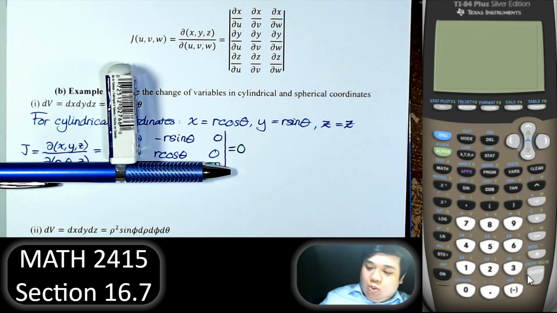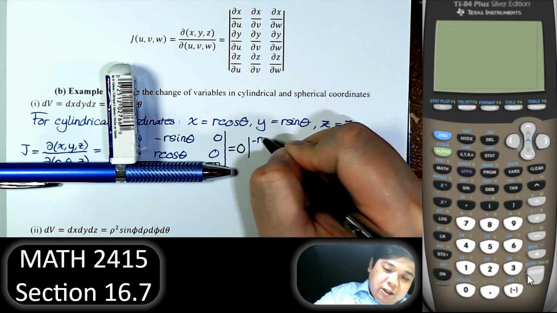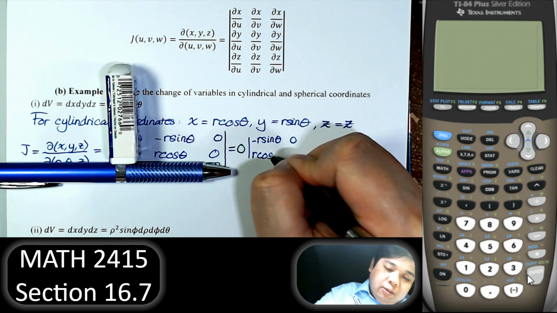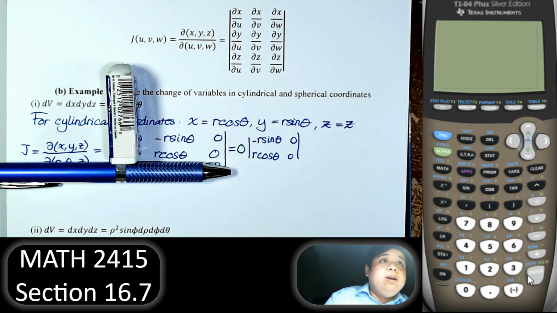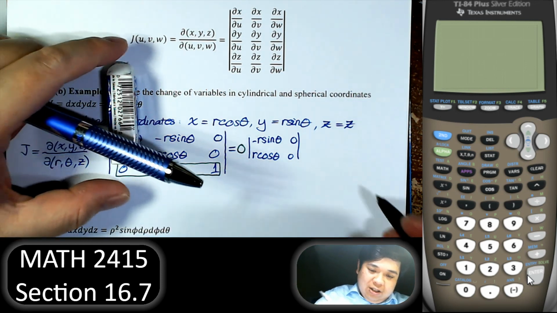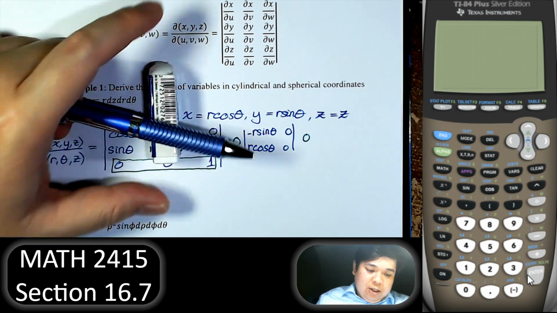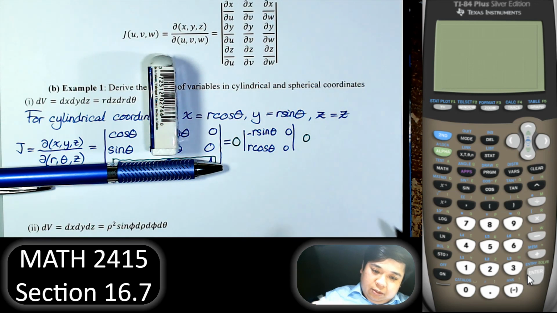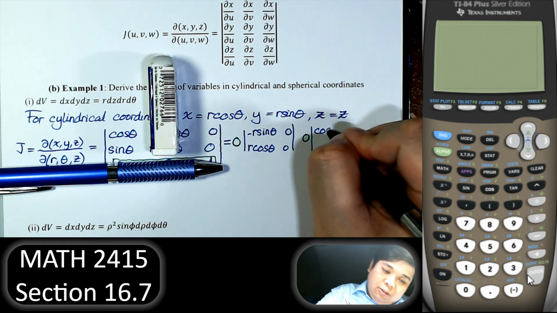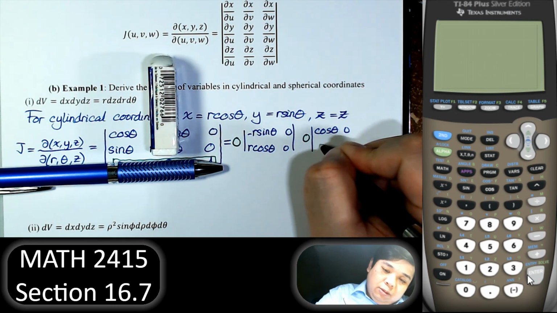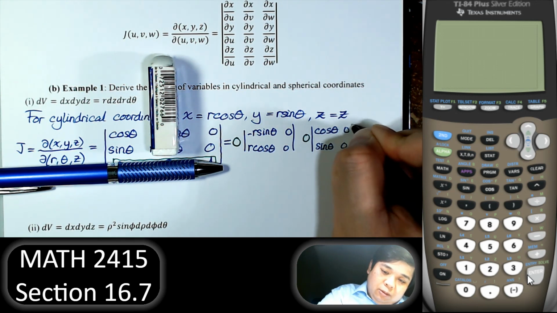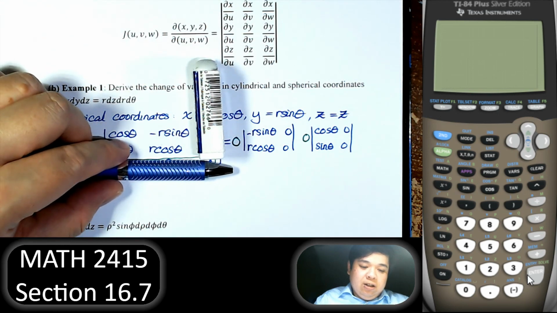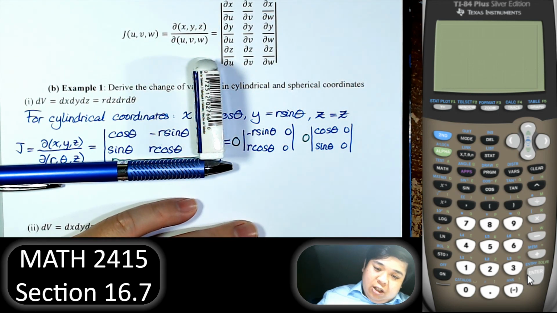So the submatrix is what's left. And then the next one, and the submatrix, and then the last one, the submatrix. So we have 1.